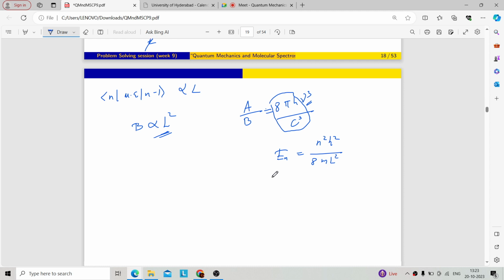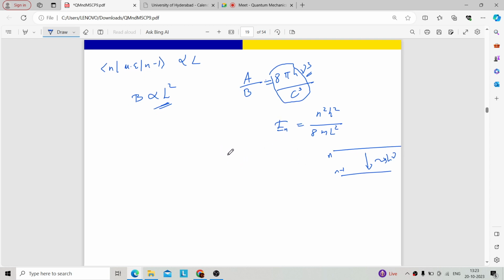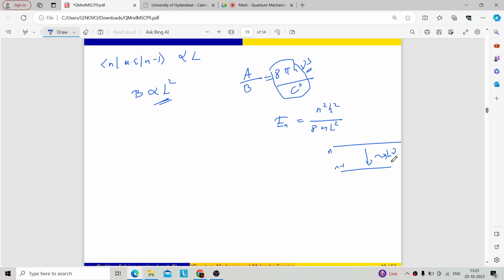So if one transition is happening from the n state to the n minus 1 state, one photon will be released. The energy difference between these two states should be equal to this energy released.